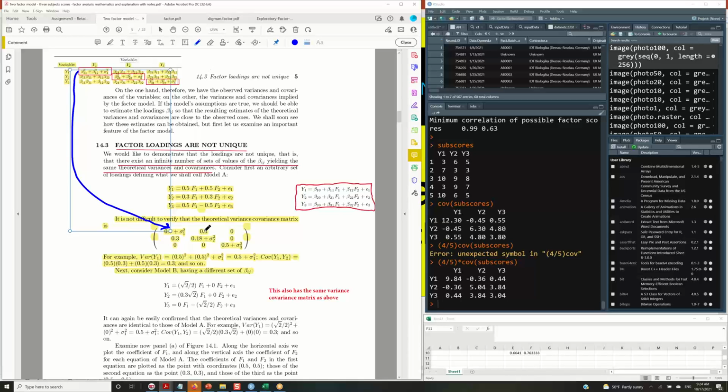Covariance is this one. The covariance formula is here. So you can see here itself: beta 2 1 times beta 1 1 plus beta 2 2 times beta 1 2. It will become like that in the same way. This is beta 1 1, 1 2, 2 1, 2 2. So beta 2 1 times beta 1 1, this is 0.5 times 0.3, 0.15, right?